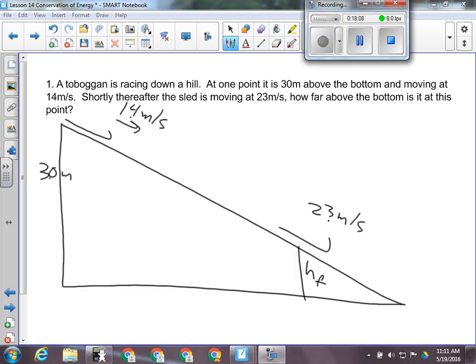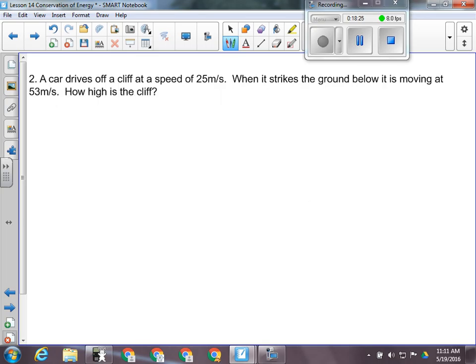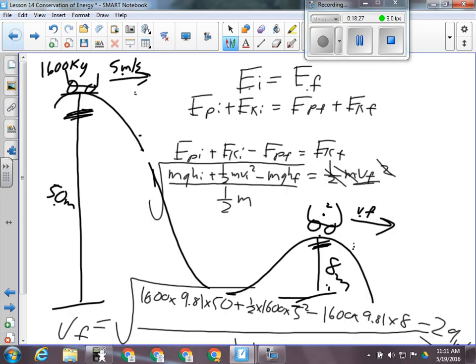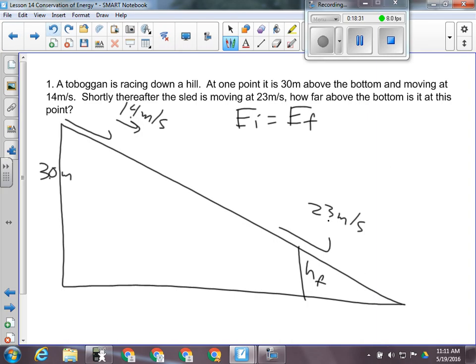All right. We know that in a question like this, the initial mechanical energy and the final mechanical energy are equal. No one's pushing the sled. It's not losing any energy at any point. So the energy at the beginning is equal to the energy at the end. At the beginning, it has potential energy because it's 30 meters above the ground.